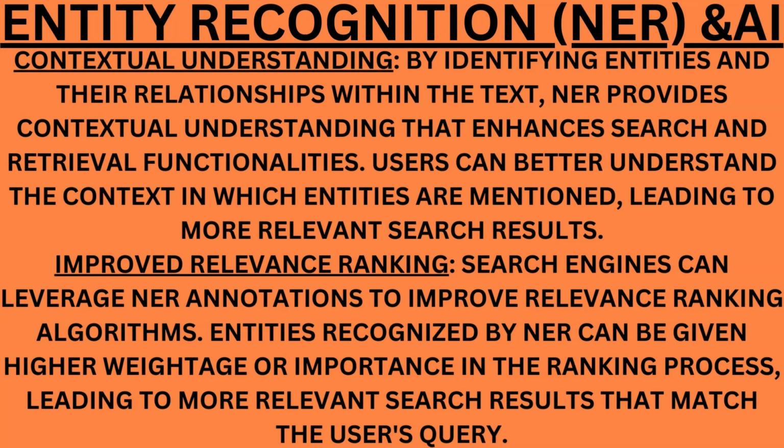Contextual understanding. By identifying entities and their relationships within the text, NER provides contextual understanding that enhances search and retrieval functionalities. Users can better understand the context in which entities are mentioned, leading to more relevant search results.